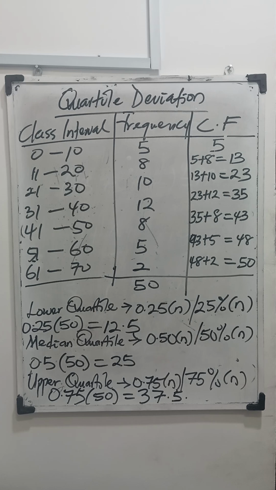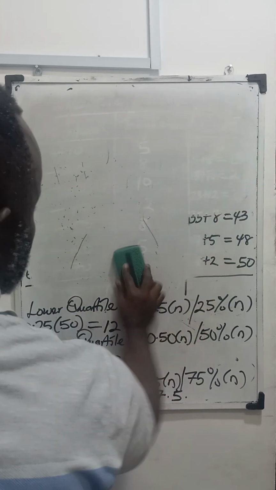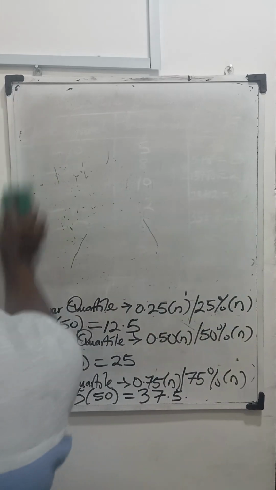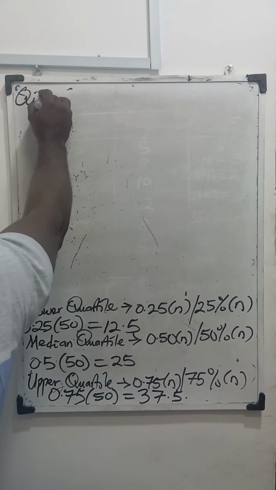So the next thing we are supposed to do now is to obtain the values of the quartiles, the value we are going to calculate to get the actual quartile. So remember what we had as the values. The first thing we are supposed to do is to obtain the Q1. What is Q1 there?